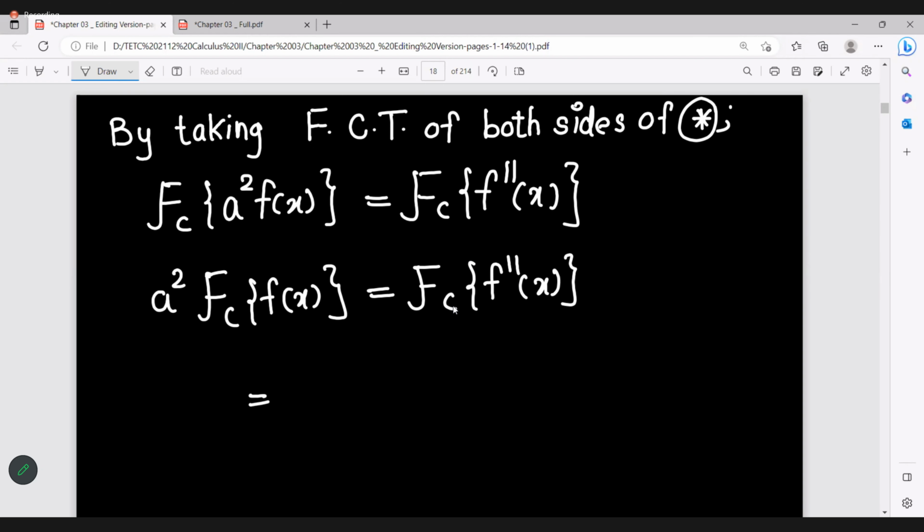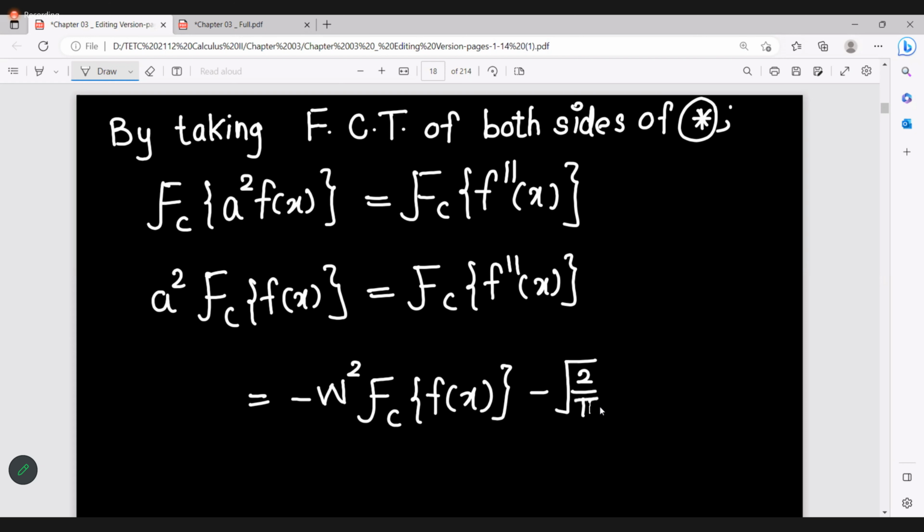Go back to your note and rewrite the expression for the Fourier cosine transform of the second derivative. It is equal to minus w squared Fourier cosine transform of f of x minus square root of 2 over 5 f dash 0. So I will write it f dash 0.